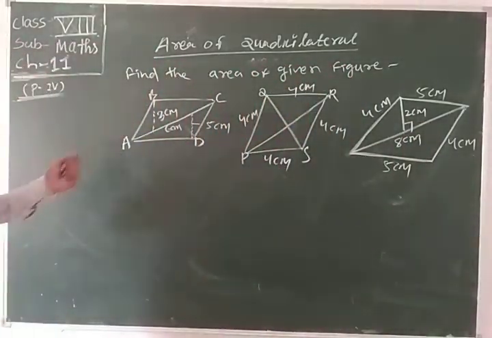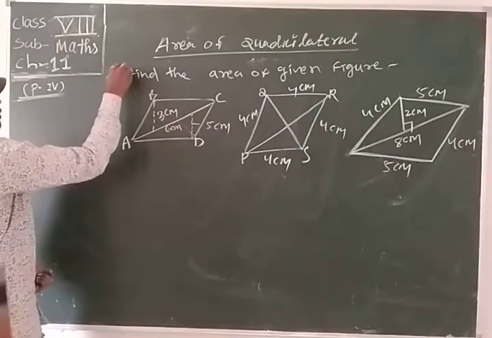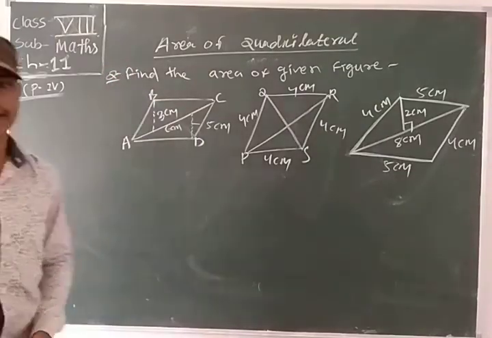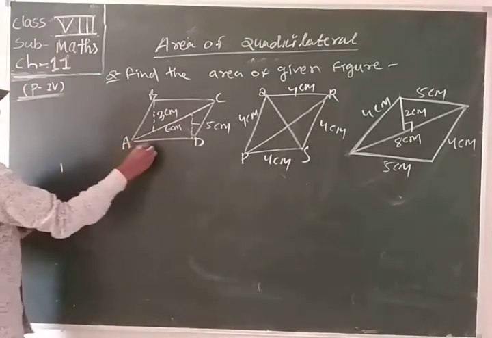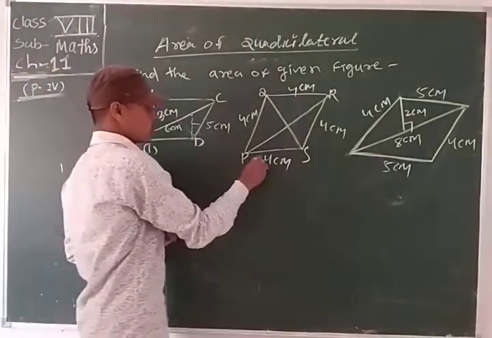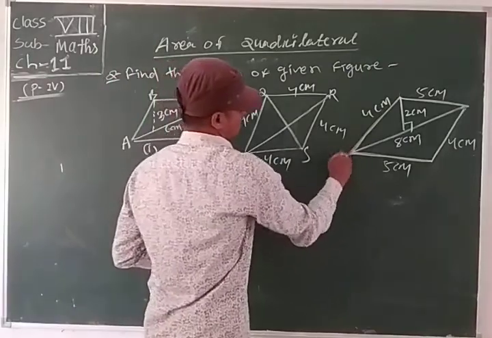Now the three figures are given. Now we find the area. How can we find the area? See, first one is a quadrilateral. This is figure 1, figure 2, and figure 3.